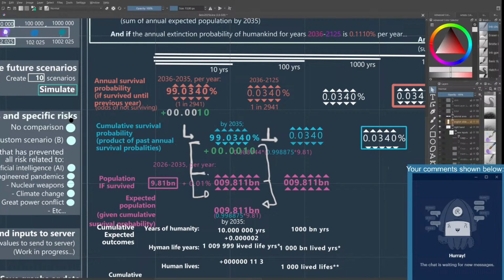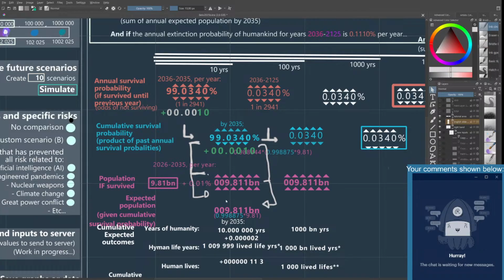So I'm thinking now, should I have it, because at the bottom I have this cumulative expected outcomes, and I have a smaller font there, and that makes it easier to do these small changes, or I can have more decimals.